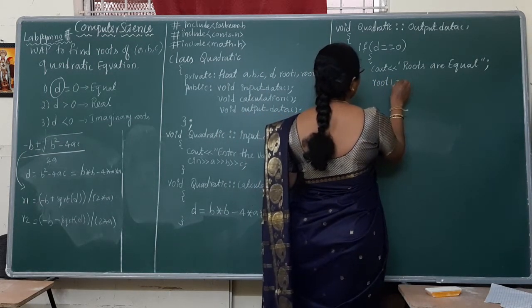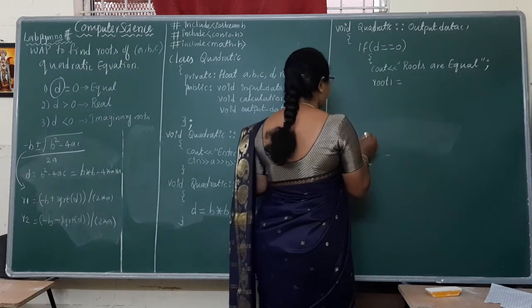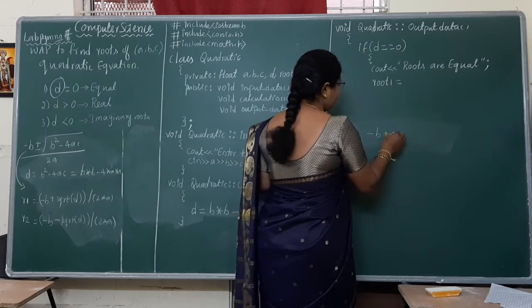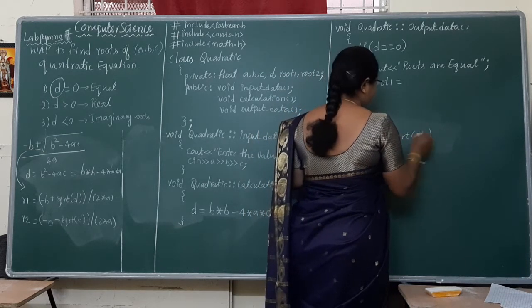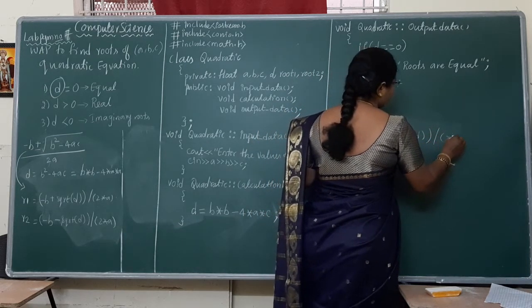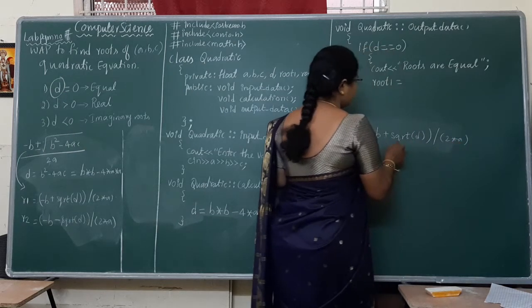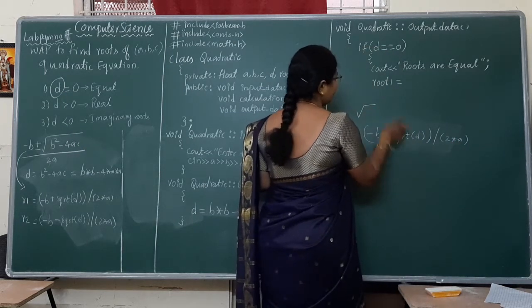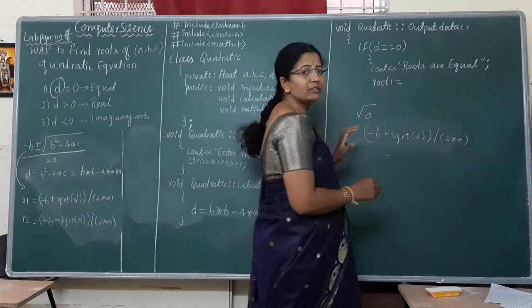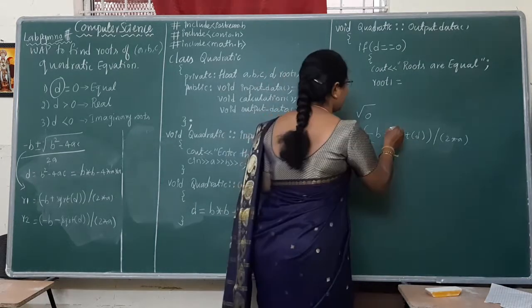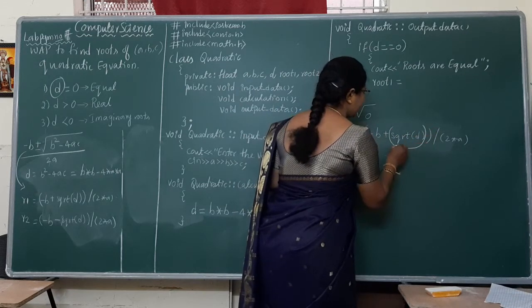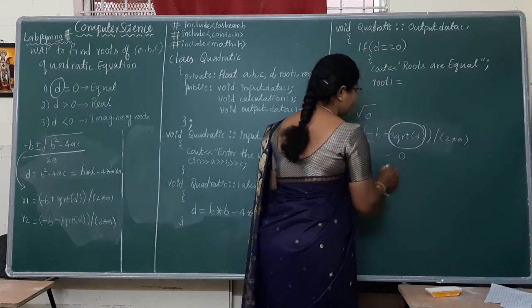Root 1 equal to, what is the formula? Minus B plus square root of D, whole divided by 2A. What is the square root of D if D is 0? Square root of 0 is 0. Then the entire term will be 0.